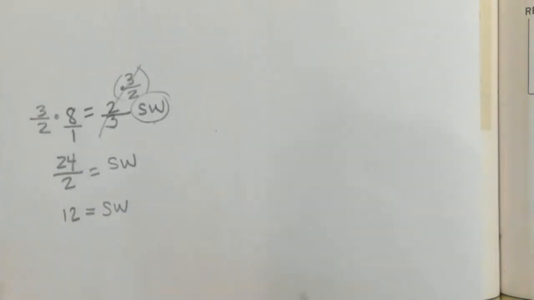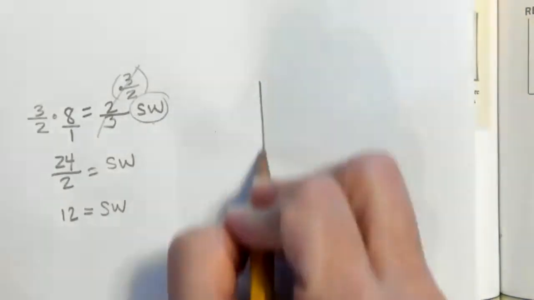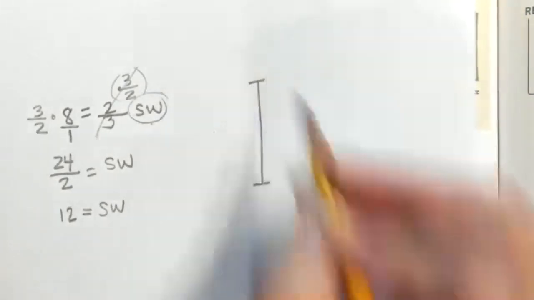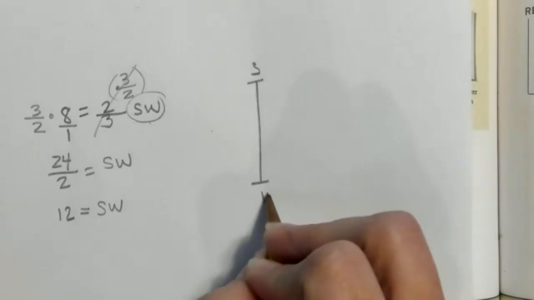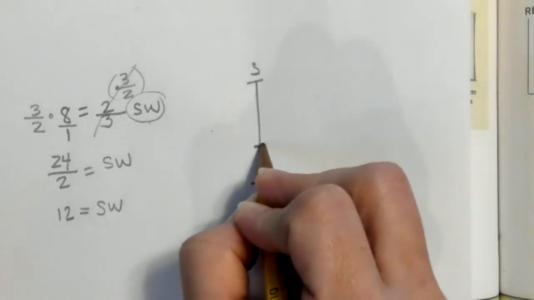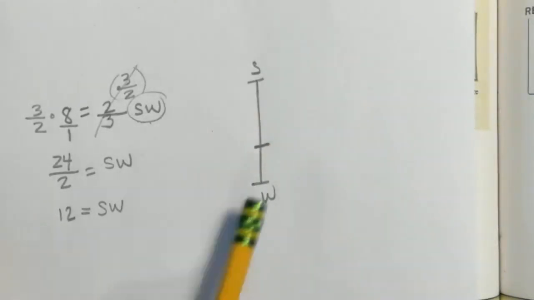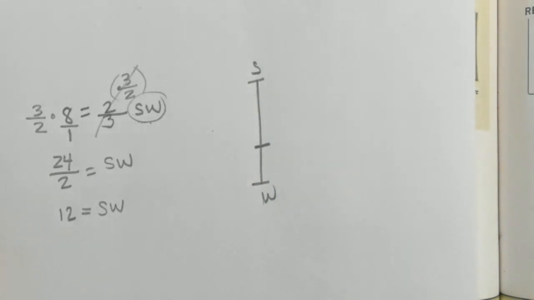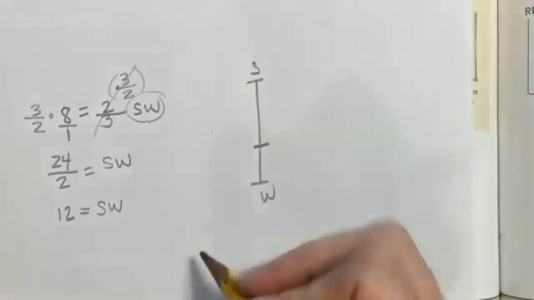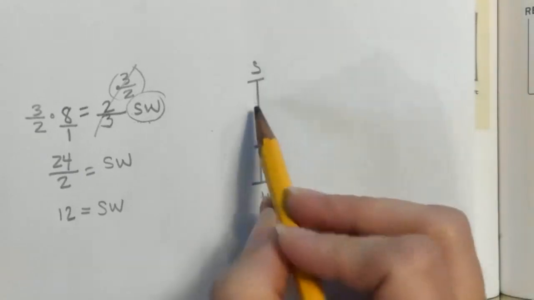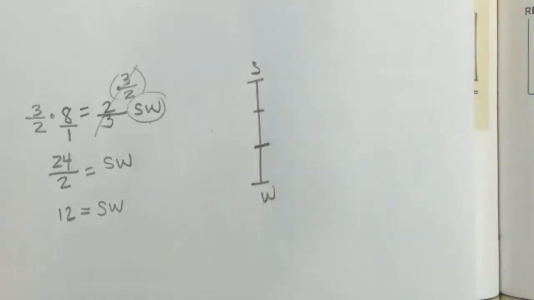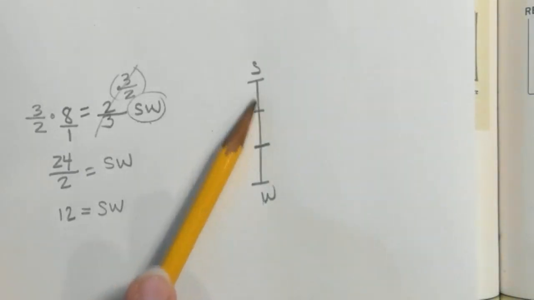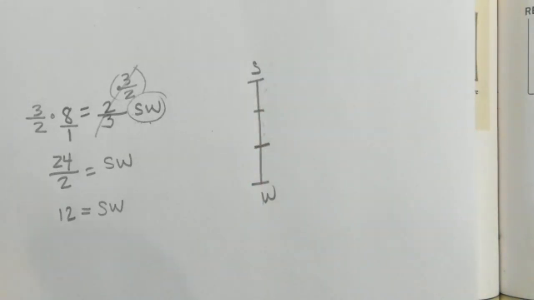Another way to do that is to solve it visually. We have this line, which is SW. And we know it's divided into a 2/3 side and a 1/3 side. And we're dealing with thirds, so we can go ahead and divide this into halves. So now we have 3 parts.